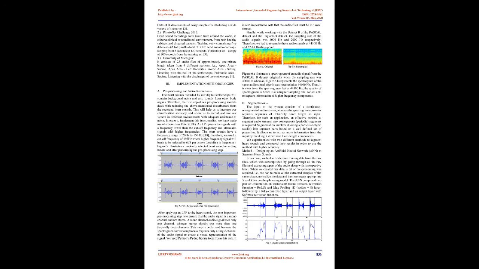Dataset A consists of 176 audio files in WAV format, out of which 31 are normal, 34 are murmur, and the remaining are other cardiac diseases. Dataset B consists of 656 files in WAV format, out of which 320 are normal and 95 are murmur. Dataset B also consists of noisy samples for attributing a wide variety of scenarios.